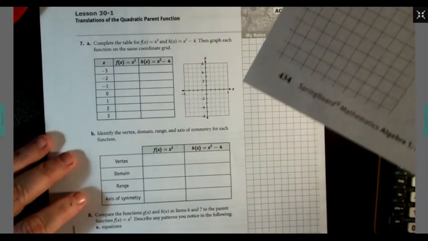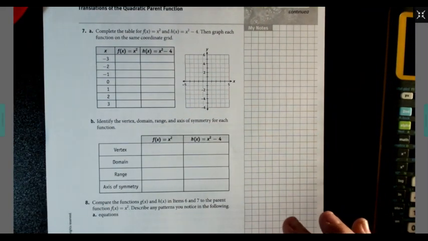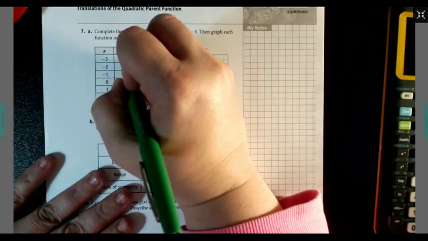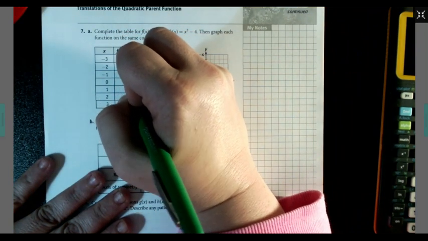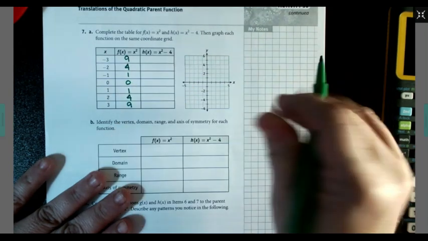Let's take a look at 7. 7a says complete the table for f of x equals x squared and h of x equals x squared minus 4. So we're going to start off with those same values that we did earlier. 9, 4, 1, 0, 1, 4, 9.